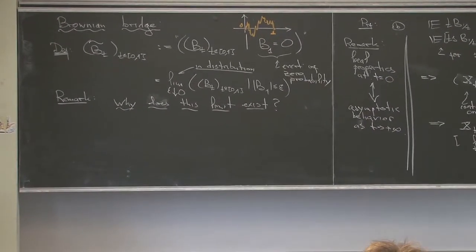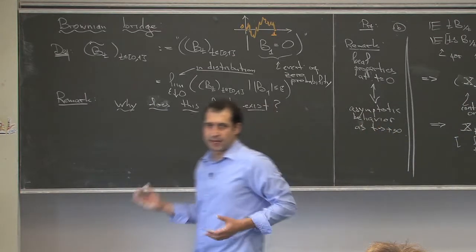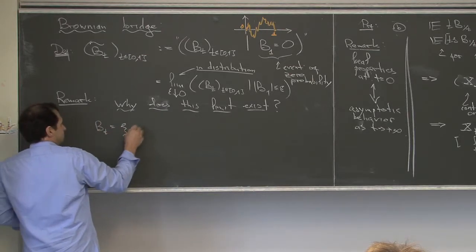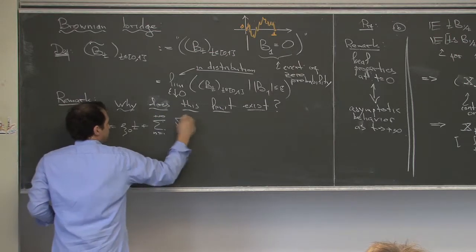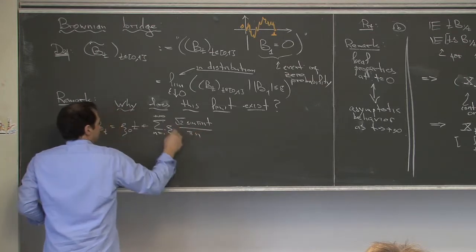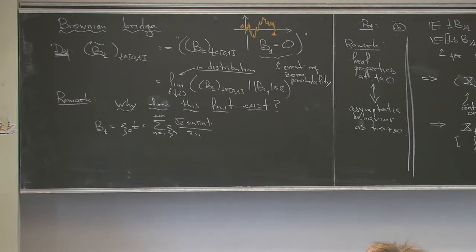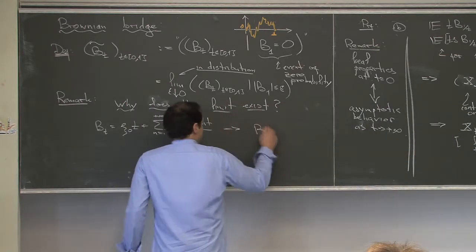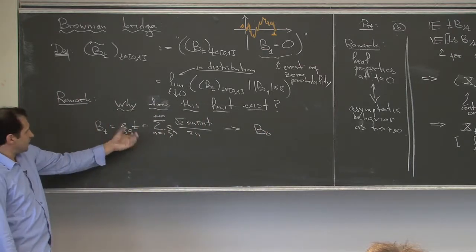Let us just come back to the original construction of the Brownian motion in some basis. Recall we had this, and this particular construction has the following advantage.